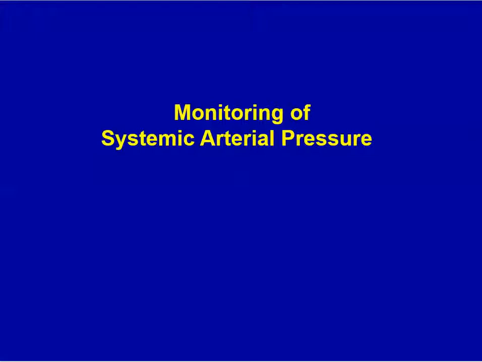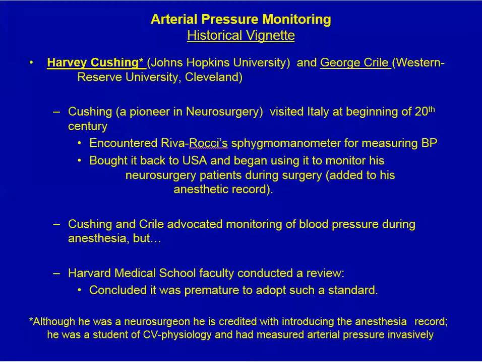As far as monitoring our systemic arterial pressure, it's of interest that Harvey Cushing, a pioneering neurosurgeon at Johns Hopkins Hospital, was the person who introduced arterial pressure monitoring to anesthesia.